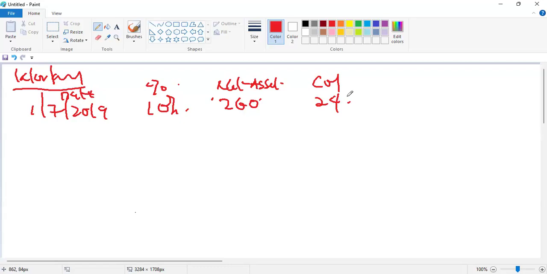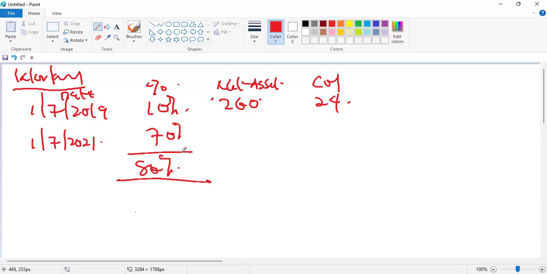Pablo Limited further on 1st July 2021 acquired a further 70%. So the holding is now 80%. No more simple investment, 80%.